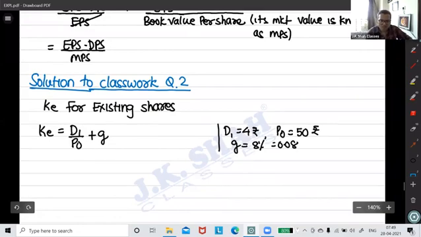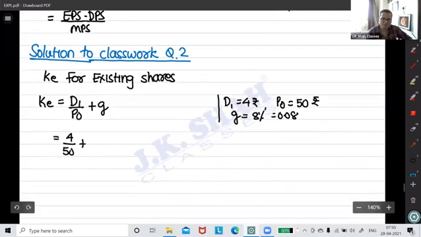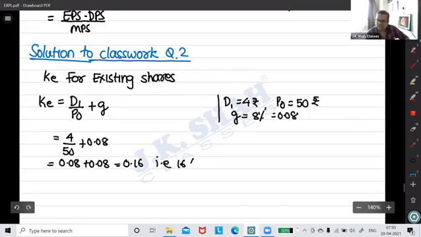D1, that is 4 upon 50, plus 0.08. So 4 upon 50 will be how much? 0.08 only, right now. Plus this 0.08. That is 0.16. That is 16%. Right, friends?